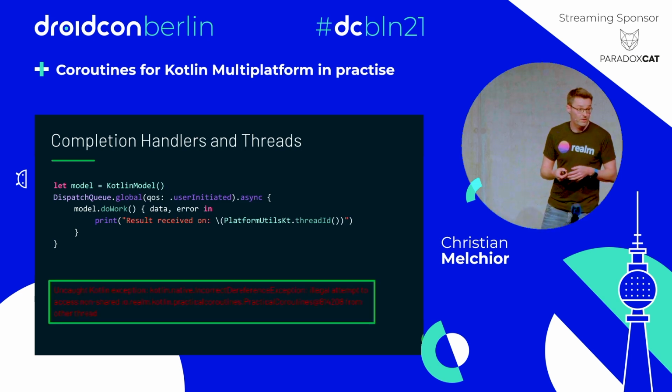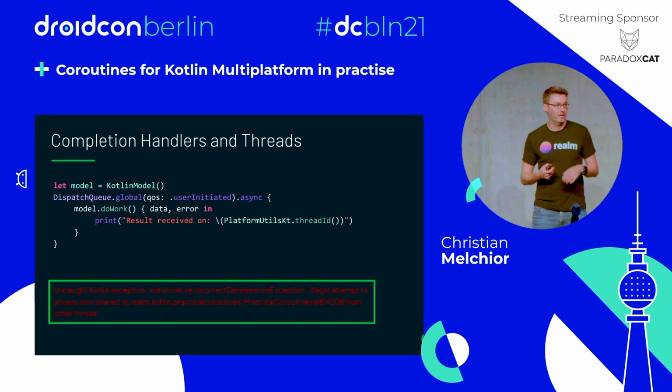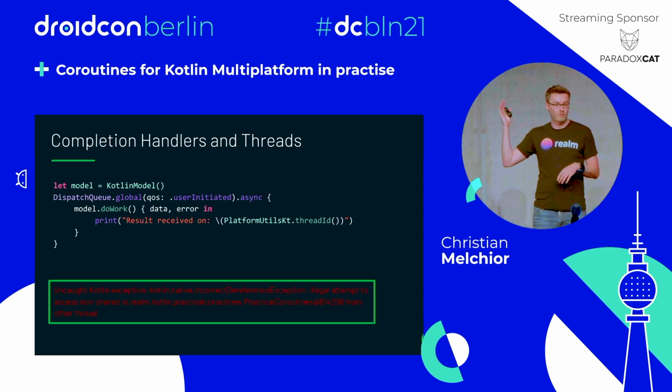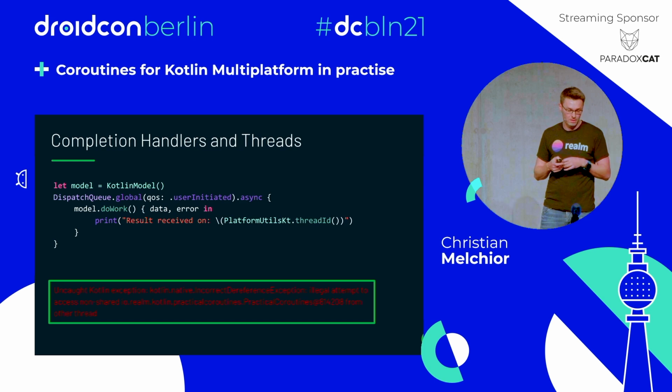Then we get caught by this, which basically tells us that we are hitting the memory constraints of Kotlin Native. That doesn't allow us to share objects between threads. It's a slightly different exception, because on iOS it can't freeze the objects the same way we do in the shared code.